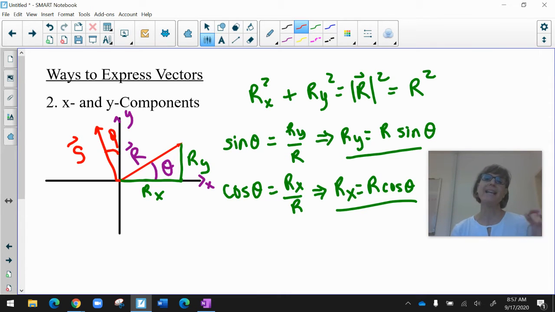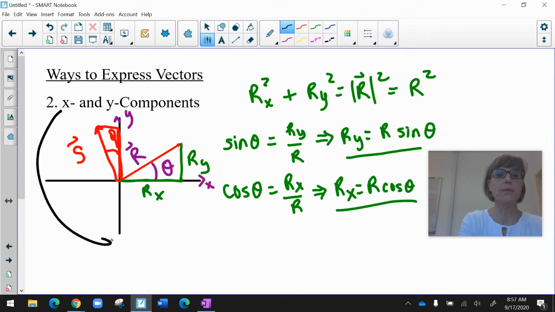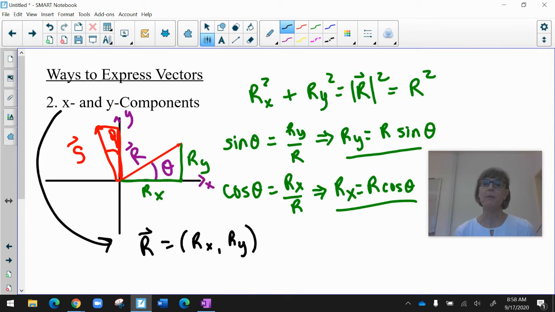If I do that, you can see that the y component, the vertical component here, is actually going to have cosine phi in it. So don't memorize that sine always goes with the y component and cosine always goes with the x component. Figure it out, draw the triangle, draw the components every time. So in component form, which is what we're talking about, I would say that my vector r is equal to the x component, comma the y component, however you figure those out.